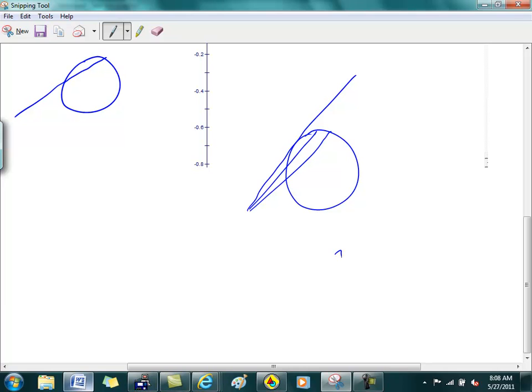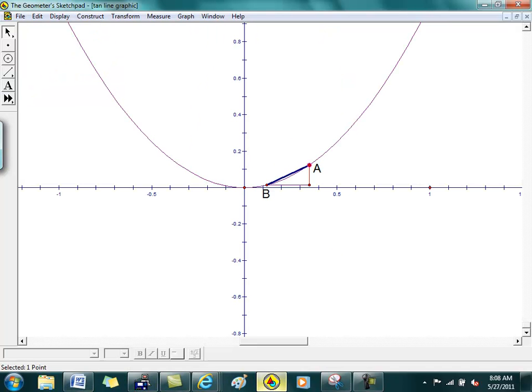Same thing happens to this line here. As A gets closer and closer to B, that line is eventually going to become a tangent. So as A is getting closer and closer to B, what's happening to h?